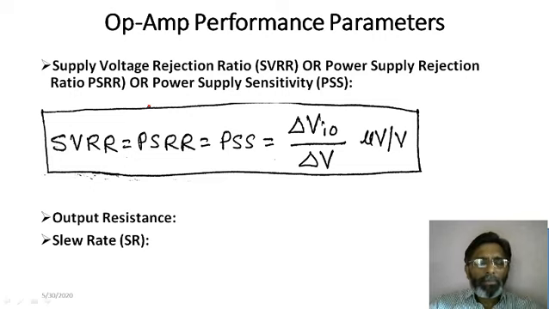This parameter basically indicates how sensitive the input offset voltage of the op-amp is to power supply fluctuations, because normally when we are using an op-amp, in the beginning itself we apply the input offset voltage, so that the output offset voltage will become 0, and once this is done, we can use that op-amp for the further application.